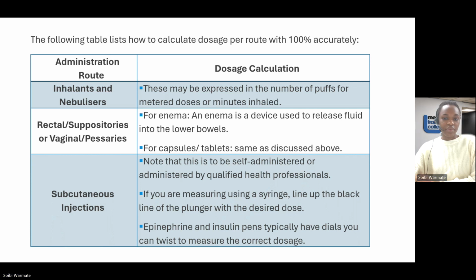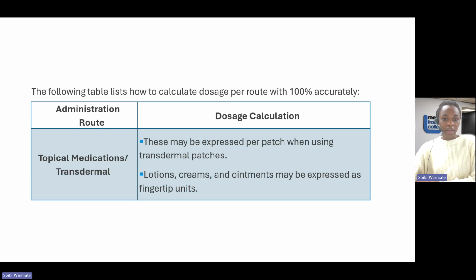Not to go into further details, but these are usually given by registered nurses and they're given in something called units. Topical and transdermal medications are expressed per patch when using transdermal, and there are also lotions, creams, and ointments, which can be expressed as fingertip units.